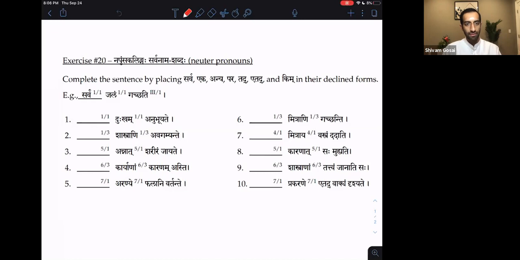Does that make sense? But if I say kaha or kena or kabhyam, etc., then it might be a different gender; it might be masculine. We can talk more about this next time if you have more questions.